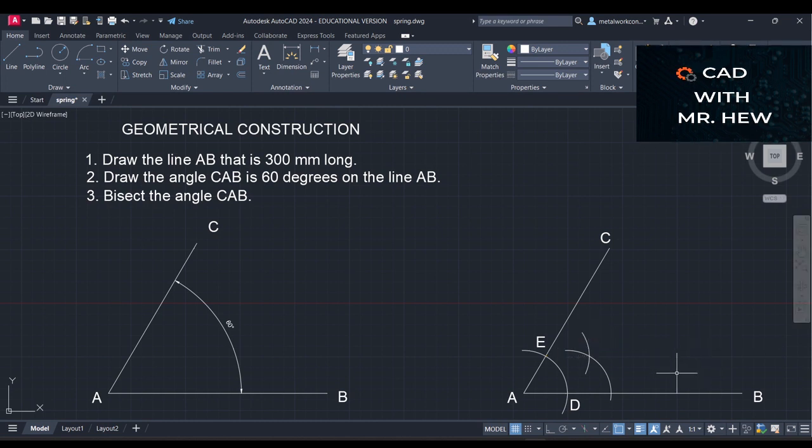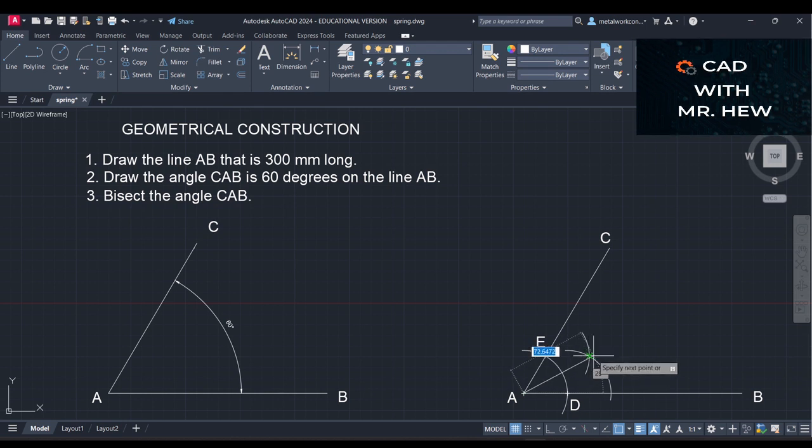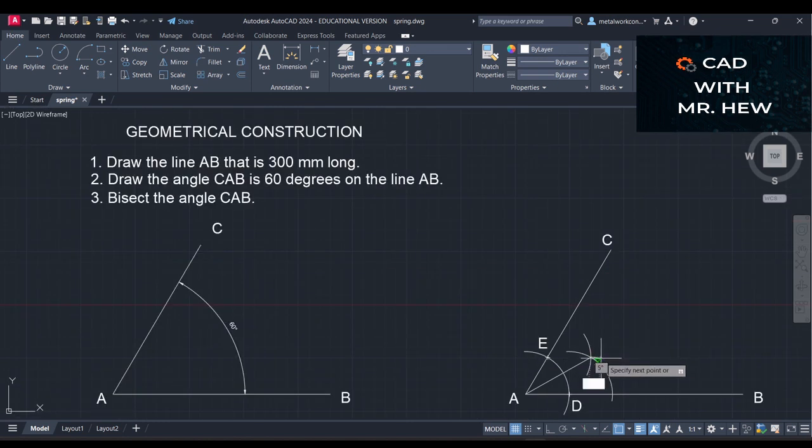The line drawn through the intersection of the two arcs to the point A would be the bisector. So a line drawn through A, going through this intersection, will be the bisector.